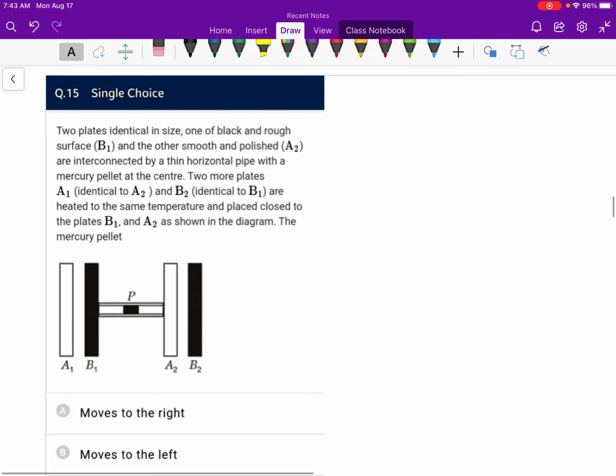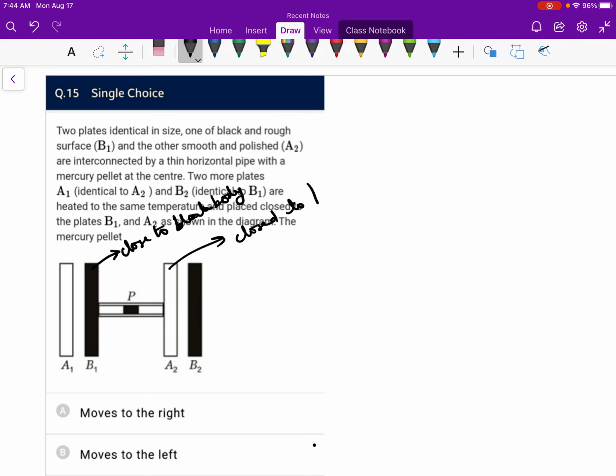Two plates, B1 and B2. B1 is close to a black body, and this one is close to a perfectly reflecting surface.